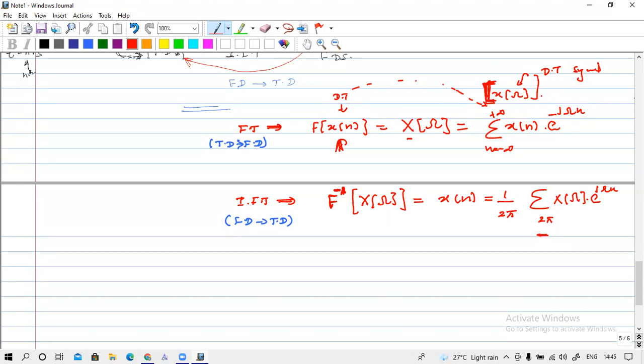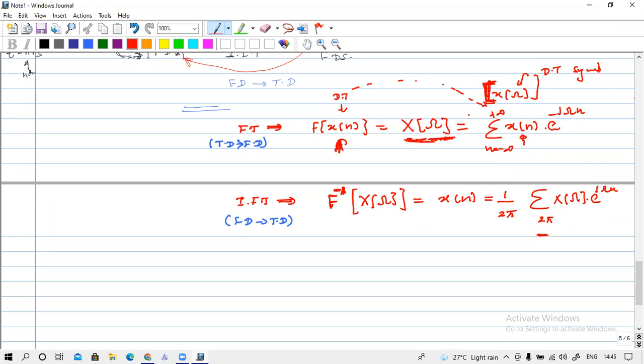We can't give, no, because we don't know. Here this one is discrete time, but after converting it to frequency domain, we don't know this frequency domain signal. It depends on this x[n], no? For different x[n] we will have different kinds of frequency domain signals.